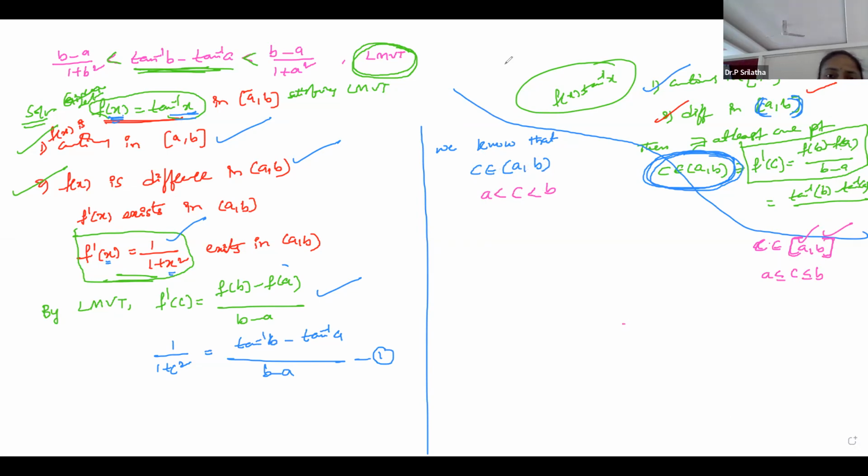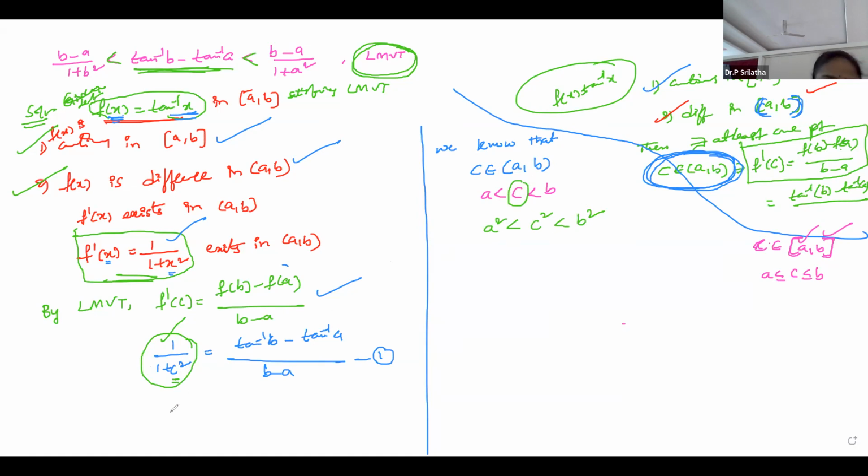So we have to convert the middle part into like this. How to convert that one? First we take the squaring on both sides, so this will be a² < c² < b².